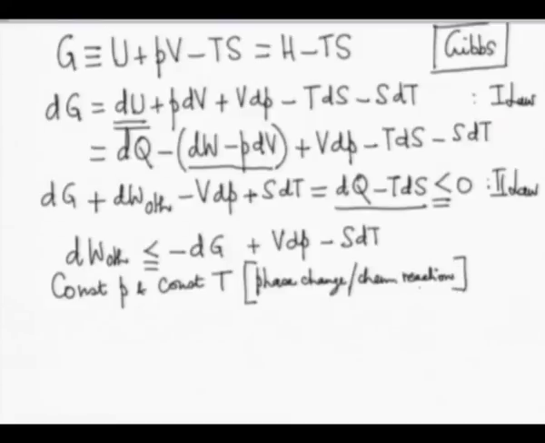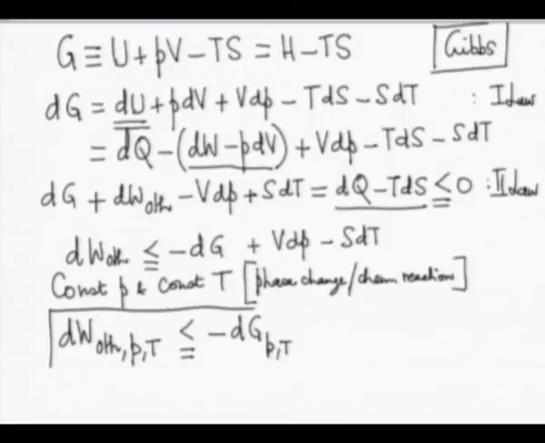And in that case we will get dw, that is the work done other than pdv work, during a constant pressure cum constant temperature, that is isobaric isothermal process, is less than or equal to minus dg for that same isothermal isobaric process.